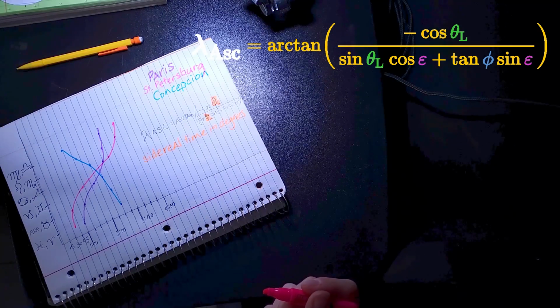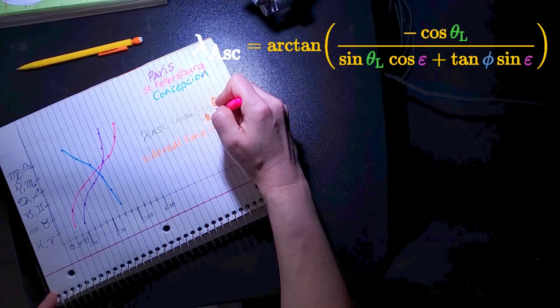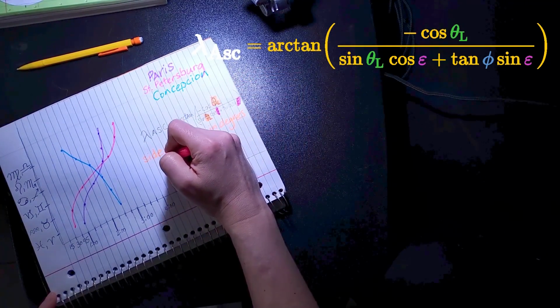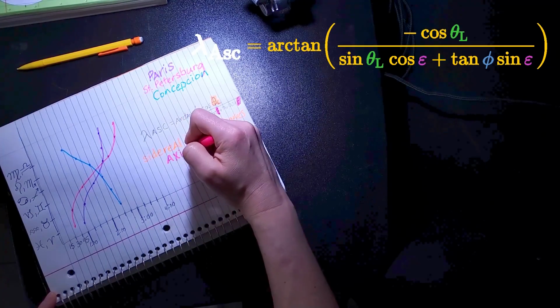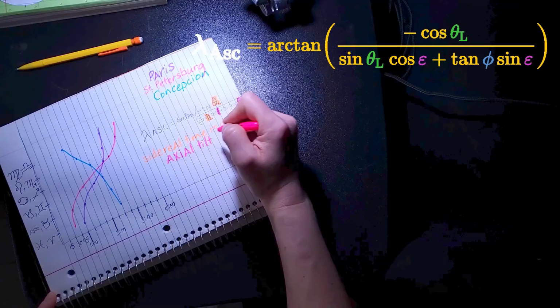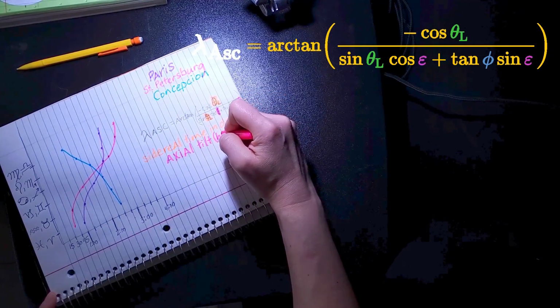That lowercase sigma, it looks like an E, represents your axial tilt. And that is the angle between the equator and the ecliptic.